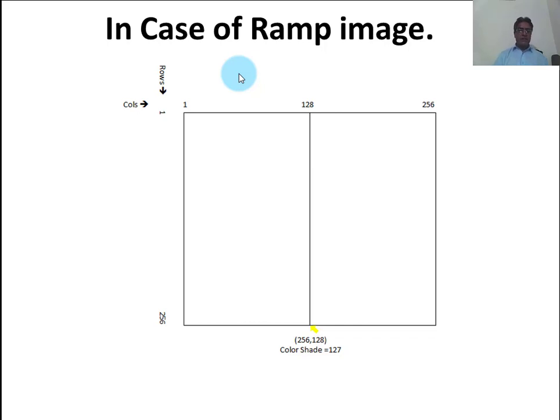In this program we will have number of rows, number of columns, that is 1 to 256. There will be 256 total columns, and similarly the rows from 1 to 256, there will be 256 rows, and the middle column is called 128, which is the half of 256.